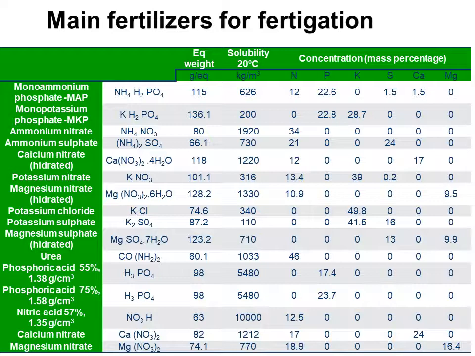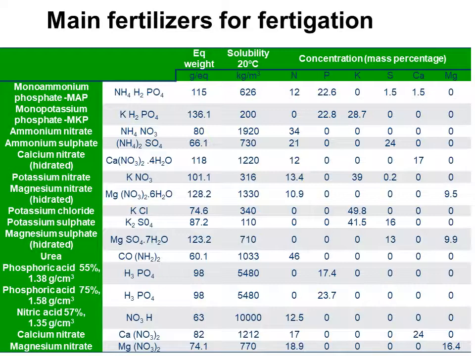In this table you have the equivalent weights in grams per equivalent. These are important because the calculations of the solutions many times are performed considering the number of equivalents that you need for each of the elements, and then you need to convert that to mass of the product.